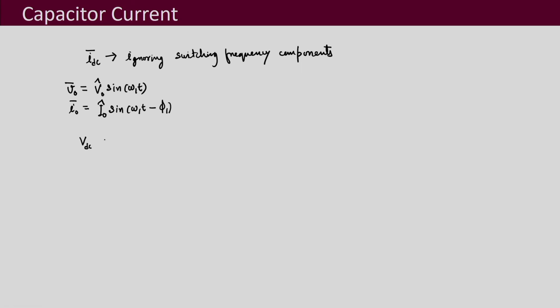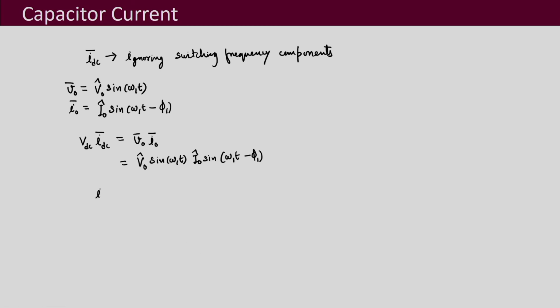If we assume everything to be ideal and lossless, we can write VDC into IDC bar as equal to VO bar into IO bar. That is, the DC power is equal to the AC output power. Then you substitute VO hat sine of omega 1 t into IO hat sine of omega 1 t minus phi 1.